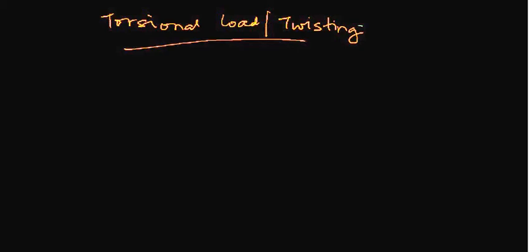Now twisting is brought about by providing a rotational motion to a member. More commonly you give rotational motion to a shaft. Okay, so twisting is produced by rotating a shaft.